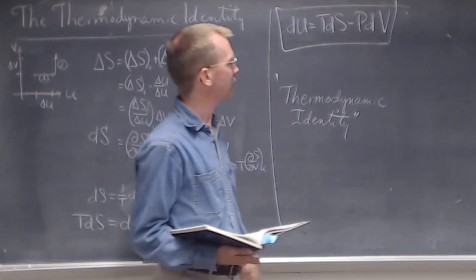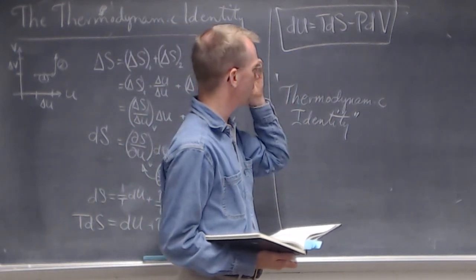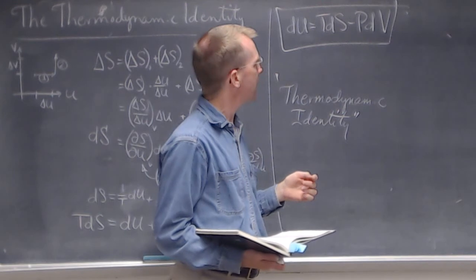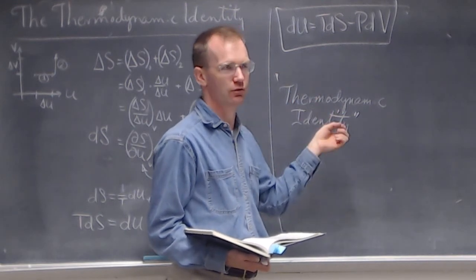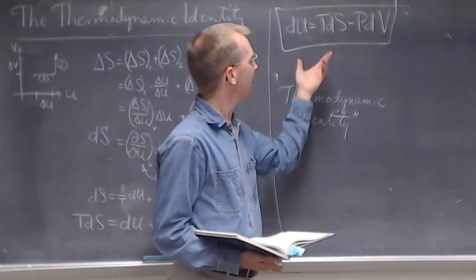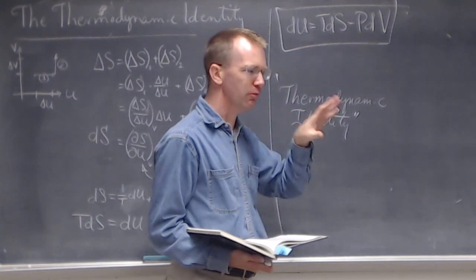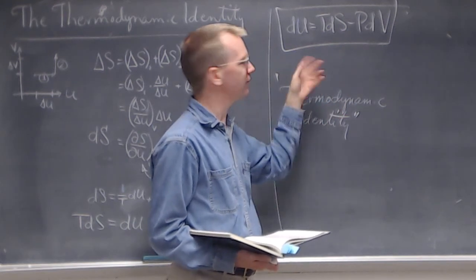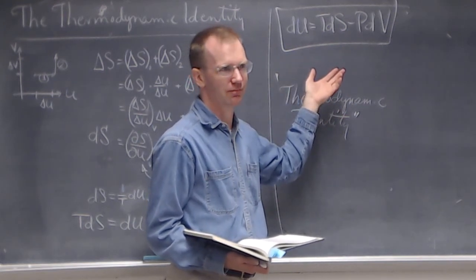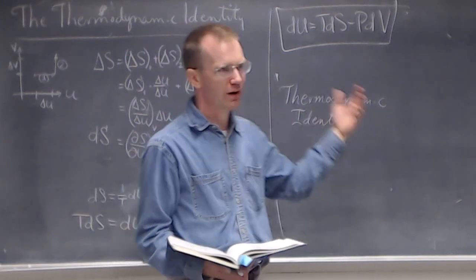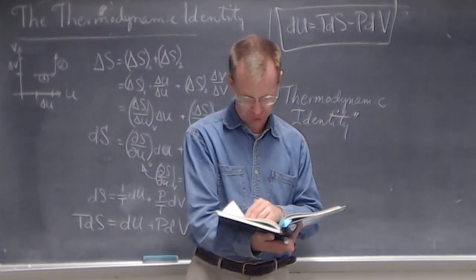Or I guess it is mechanical work if we hold the pressure constant. TdS is going to get identified with the heat flow. And so this is almost, but not precisely, the first law of thermodynamics. At least we'll be able to equate it with it and to solve for interesting things.